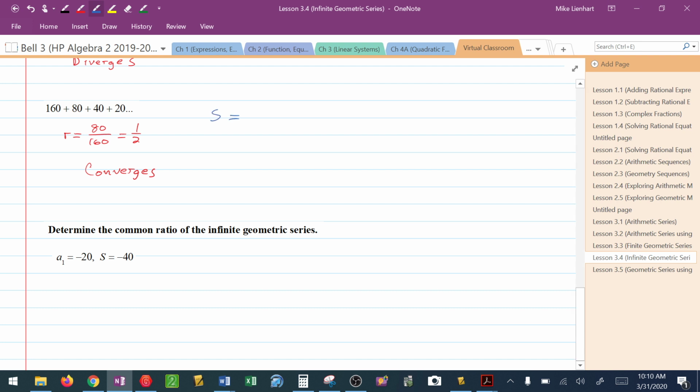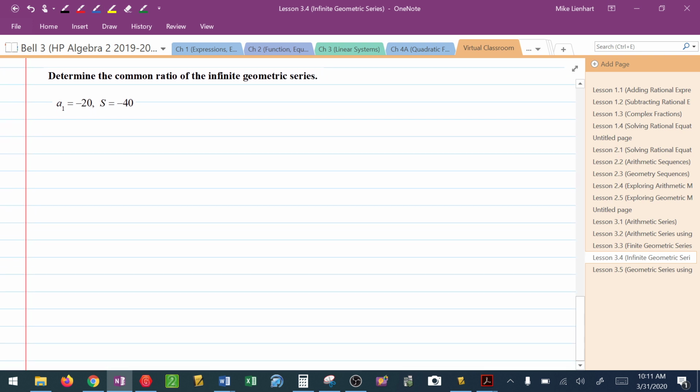The sum is going to be a sub 1, 160, over 1 minus R, and R in this case is 1/2. So this would be 160 over 1/2. 1 minus a half is a half. And I know that this sum would be 320. How do I know that so quickly? Dividing by 1/2 is the same as multiplying by 2. All right?